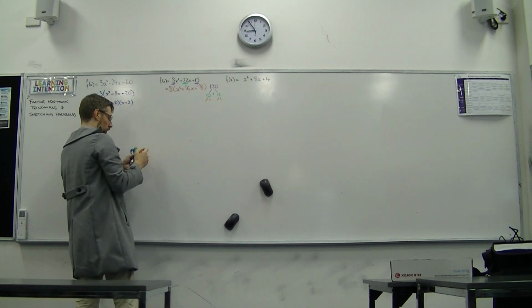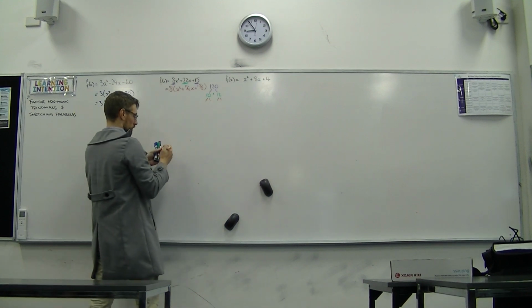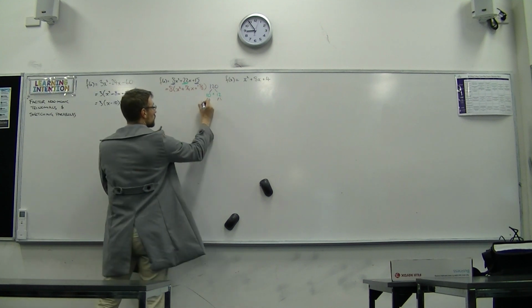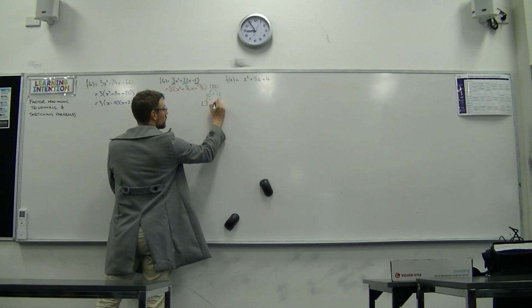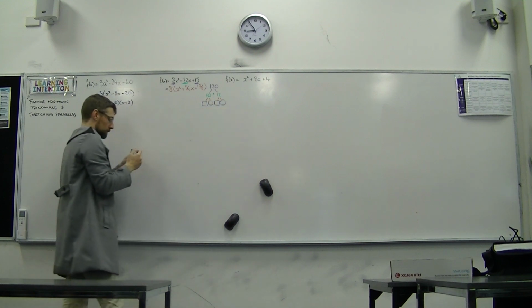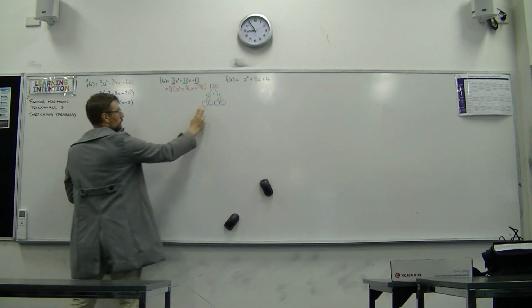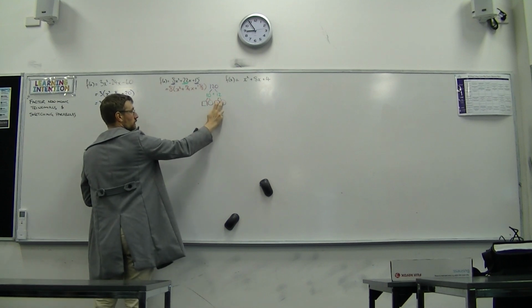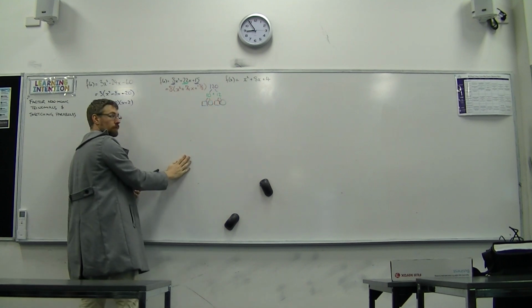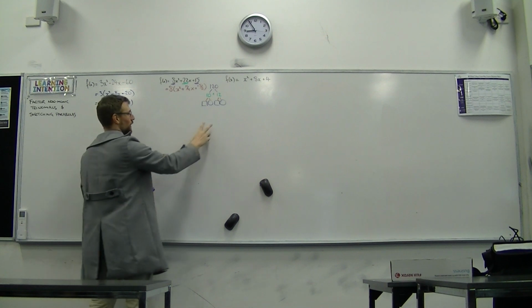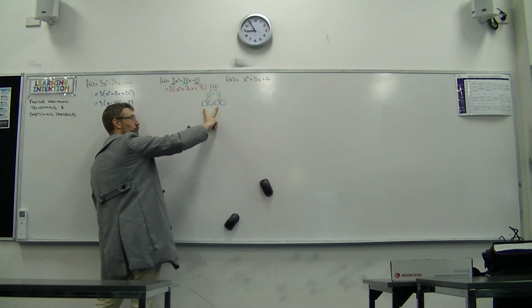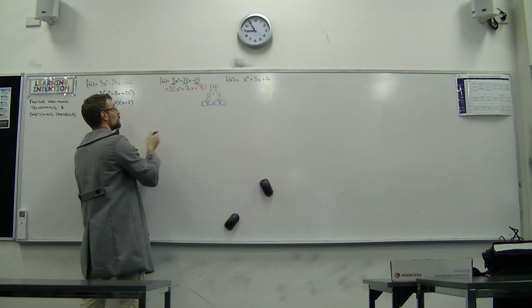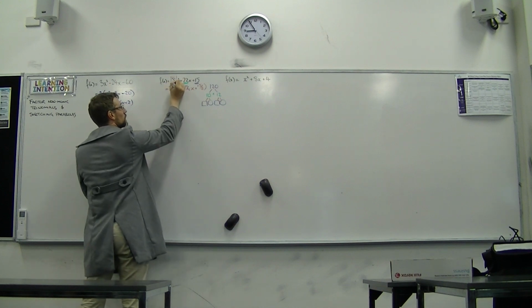Cool. Now comes the chunky bit. These two will multiply to 10, these two will multiply to 12. Yeah, you already know it. Okay, hang on. The two squares are going to multiply to the front.